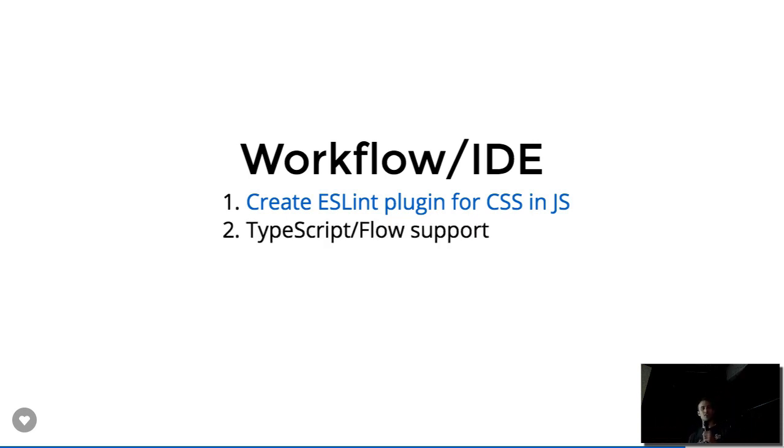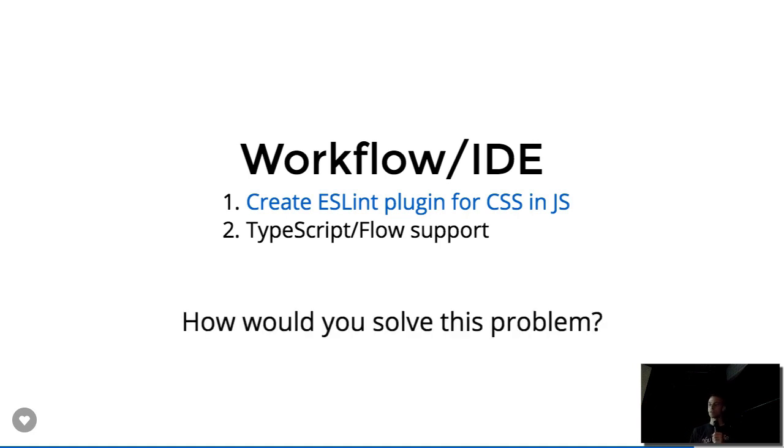Most of the existing solutions do have some sort of TypeScript or Flow support. Glamorous has TypeScript support. If you're into Flow, I'd love to get Flow type definitions for Glamorous. That gives you really great auto-completion, but it's still not perfect, so that's another problem to be solved, and we'd love to see more.